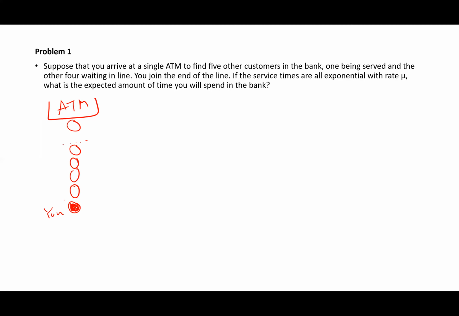This is a pretty simple problem. I think of it different ways. The next event in the system is the first departure. So the first person, who's already at the ATM, is going to depart. Call this expected time x1.